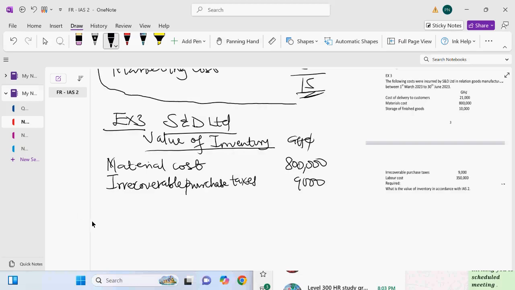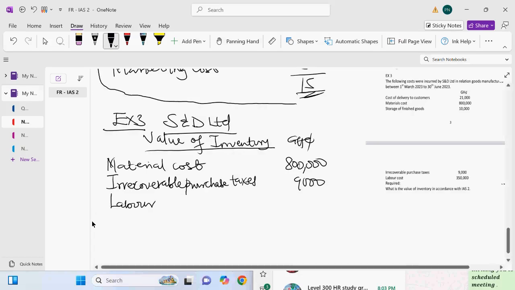And then what else? Then we have labor cost. Should it be capitalized or expense? Capitalized. So labor cost would also be capitalized as 250,000.